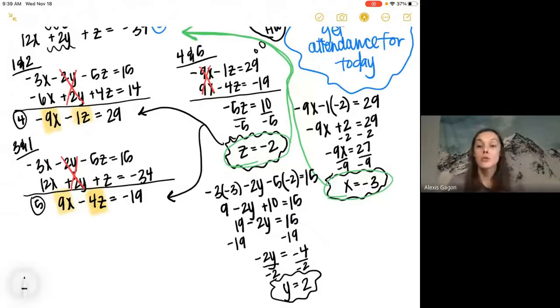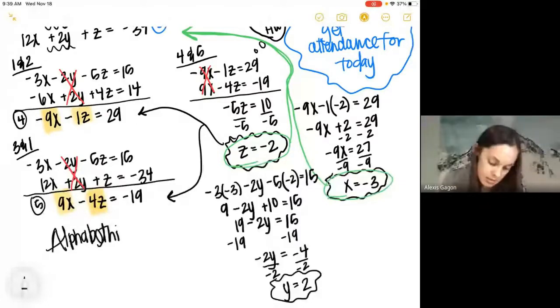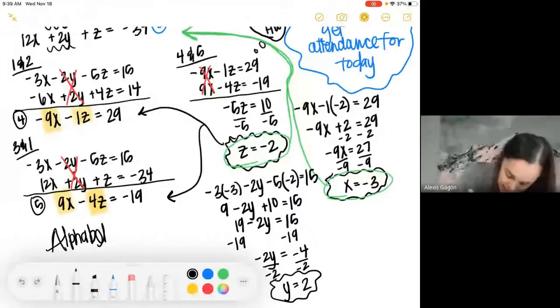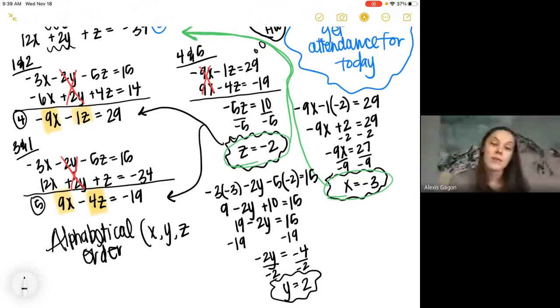Okay, once you have solved for all 3 variables, you're done. The last thing you have to do is just write these in alphabetical order. I can't spell. Alphabetical order. So it's going to be x, comma, y, comma, z. And make sure you put parentheses around it.